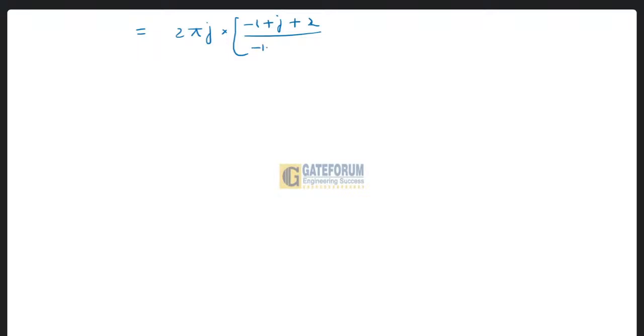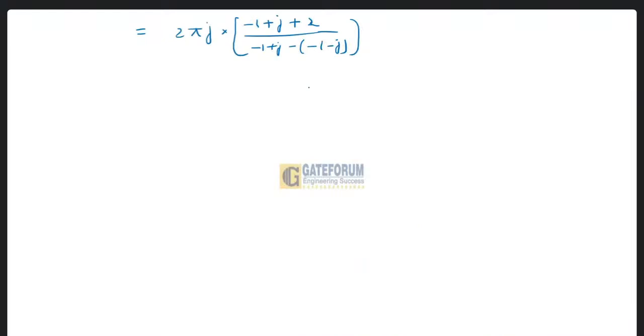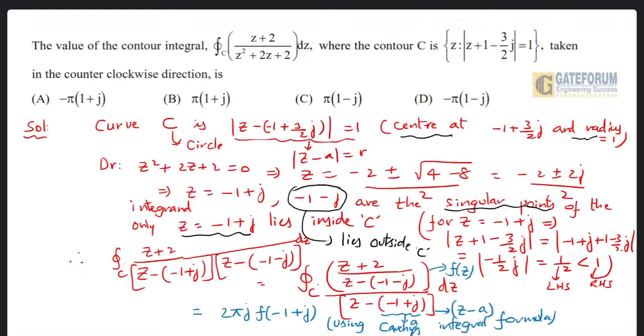So minus 1 plus j minus of minus 1 minus j. See this one, this is f of z. How do you get f of minus 1 plus j? In this f of z, wherever there is z, put z equal to minus 1 plus j. So minus 1 plus j plus 2 in the numerator, and the same in the denominator. Because this is your a.